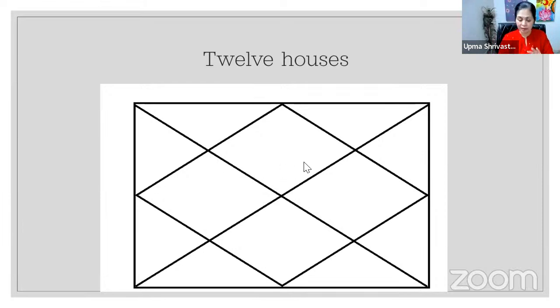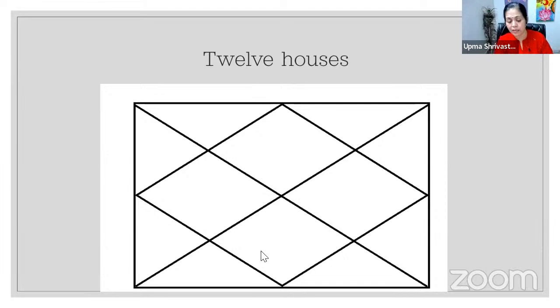It is like in a colony or in an apartment, the houses will always remain fixed. You cannot change them. But the residents, meaning rashis or signs, are not permanent. So in one chart, it can be number 1. In another chart, it can be number 3 or number 4.